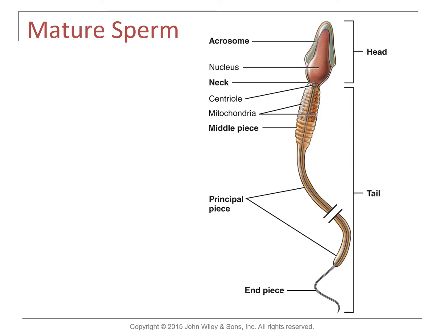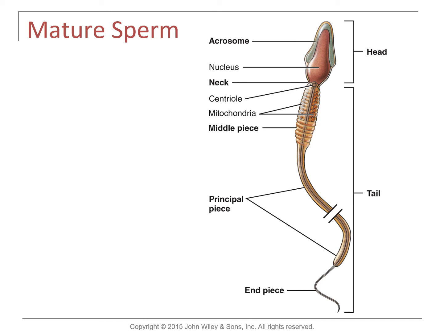Here we have a single sperm cell or spermatocyte. Definitely does not look like the original spermatogonium or even the spermatid that preceded it. The mature sperm has several distinct structures divided into the head region and the tail region. The head includes the acrosome that contains the enzymes that break down the protective layers around the secondary oocyte in the process of fertilization.